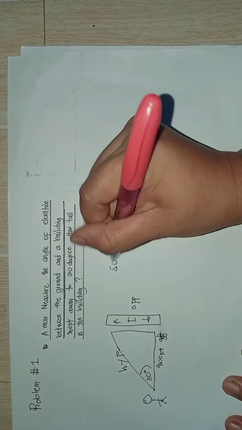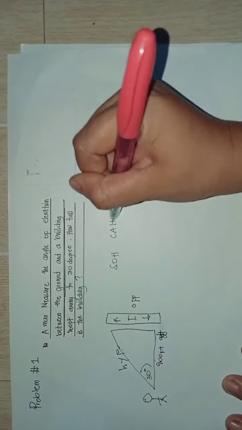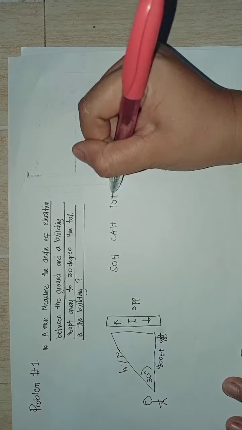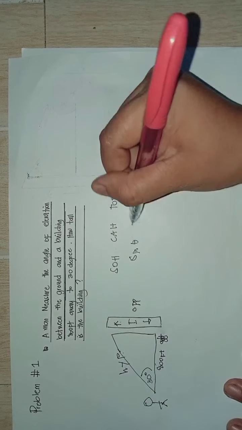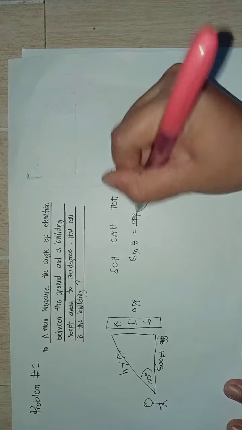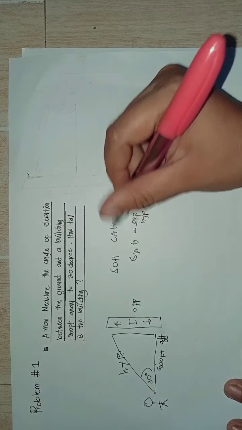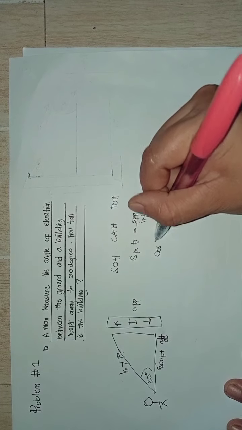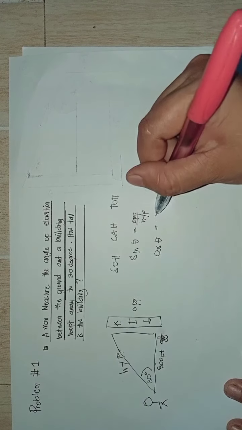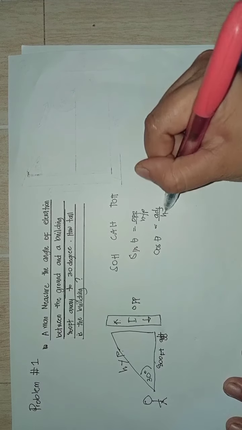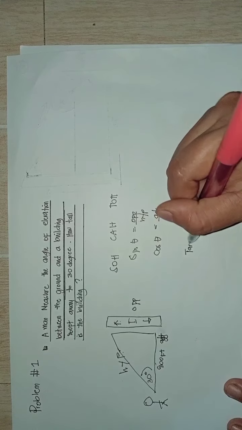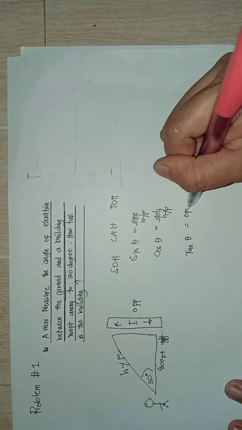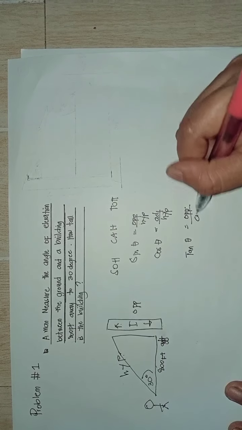To find that, we have a formula, SOH CAH TOA. SOH stands for sine theta over opposite hypotenuse, CAH is cosine theta over adjacent and hypotenuse, and last is TOA, which is tangent theta, opposite over adjacent.